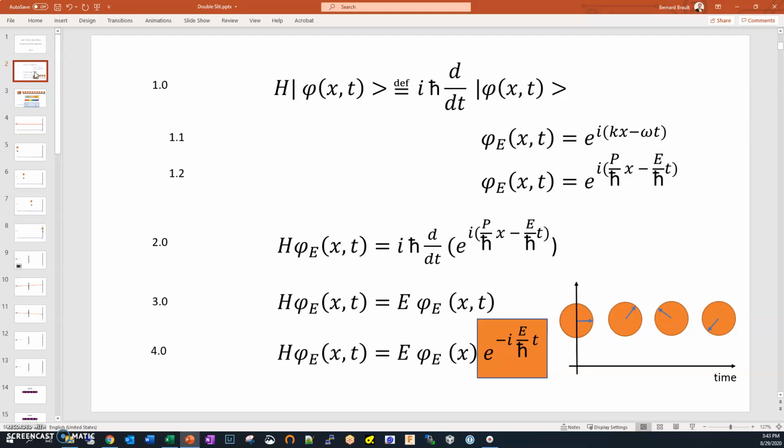The way such a state evolves is that it stays the same, so the energy is conserved over time, except that its amplitude is multiplied by a phasor.